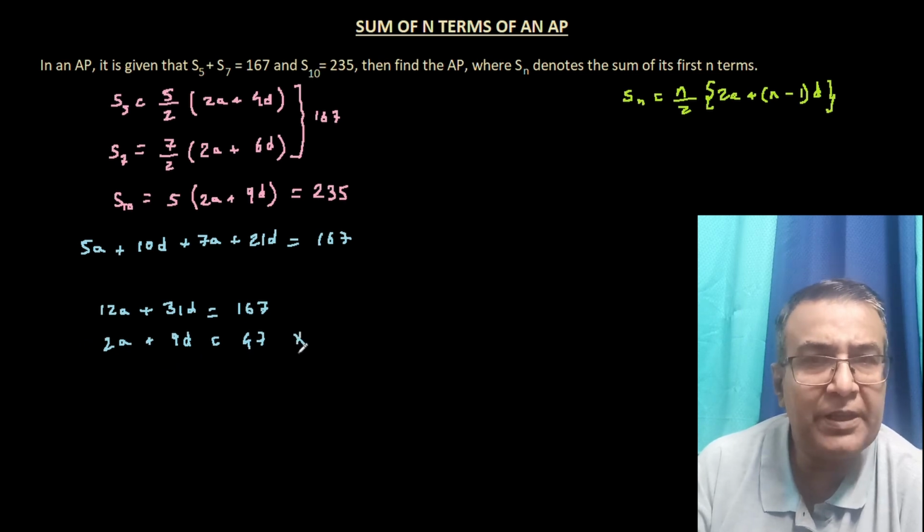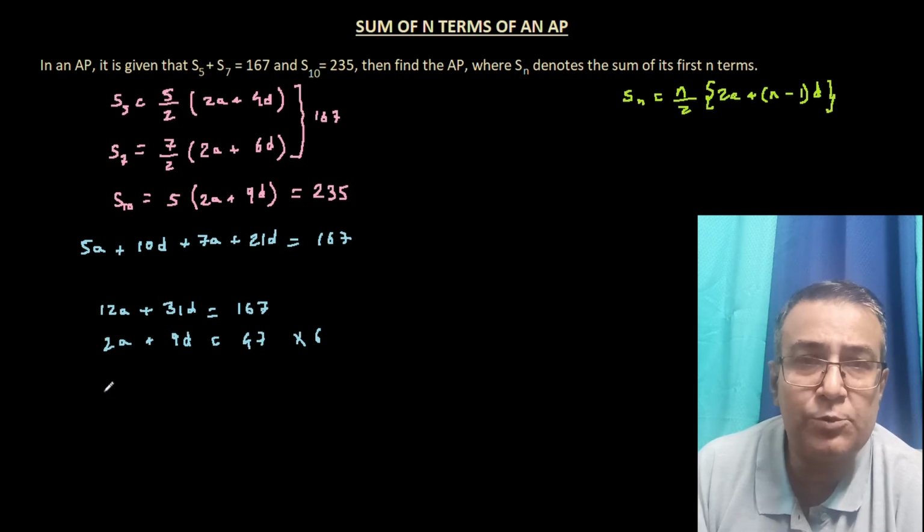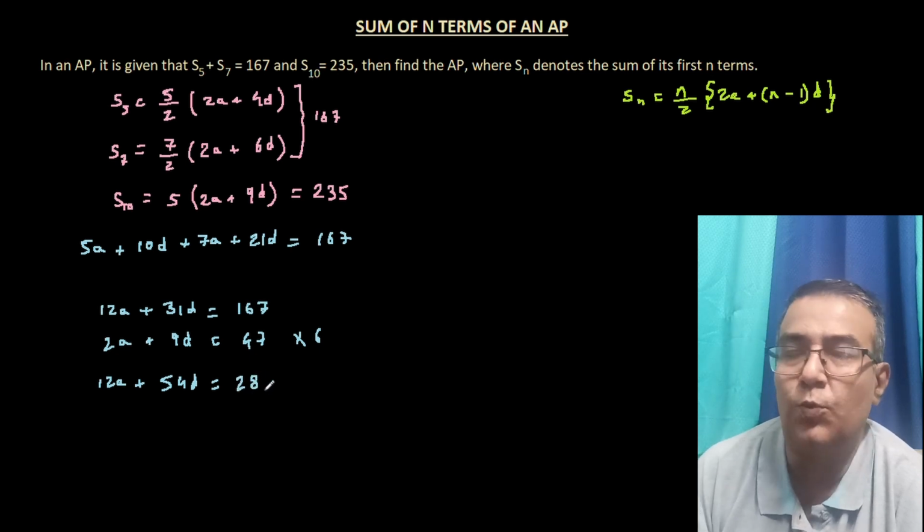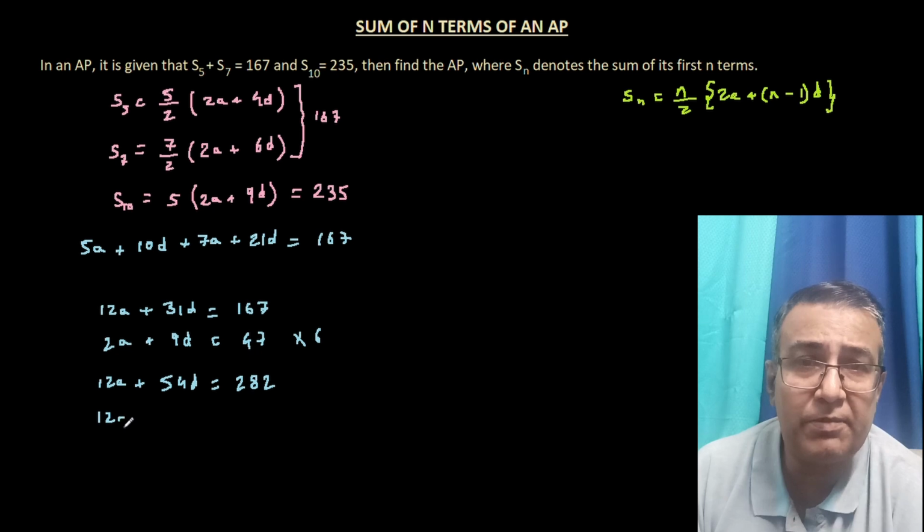So we can multiply the second equation by 6, and when we do that, so 6 times 2a becomes 12a plus 6 times 9d becomes 54d. That should be equal to 47 times 6, which gives us 282. The first equation can be written as it is, which is 12a plus 31d is equal to 167.